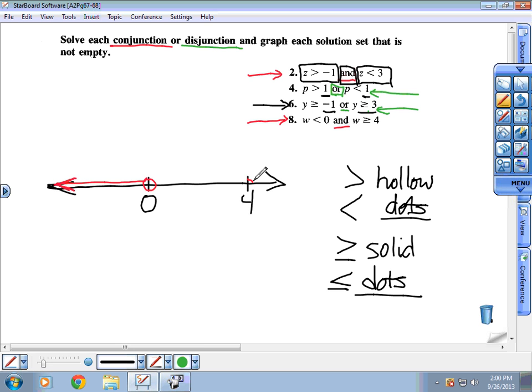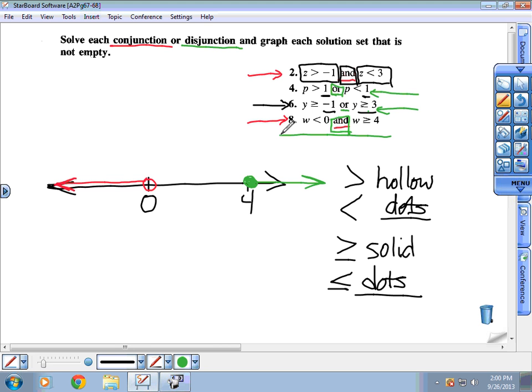Oops, I have to change that to green. Greater than or equal to 4 means I'm going to color this in with green, and it goes on in this direction. Now, because it's an and situation, I need a point that has both red and green.